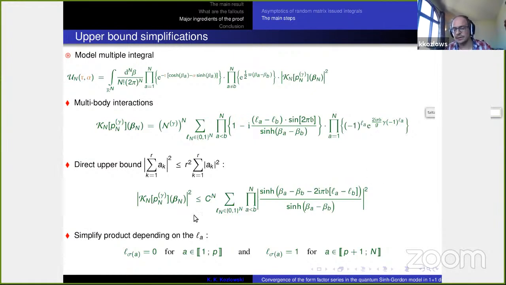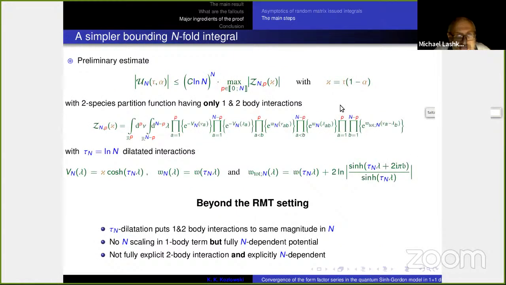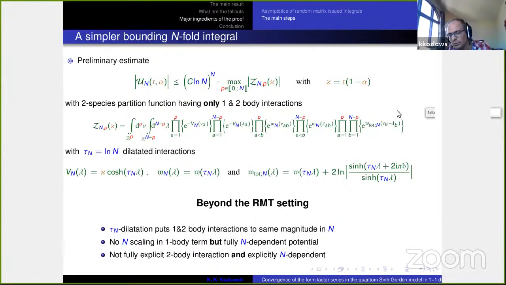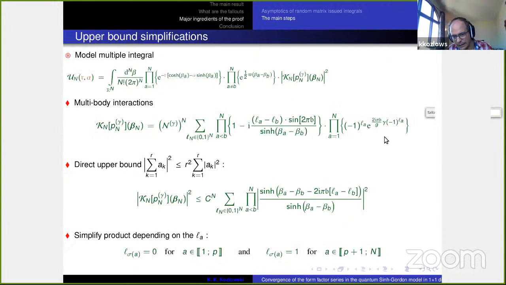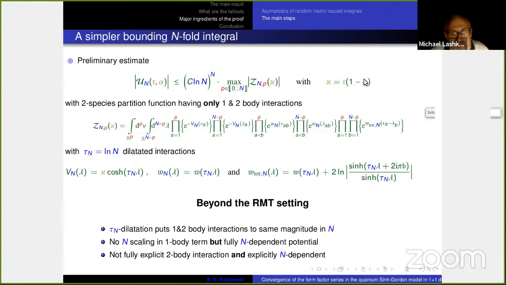And this is the origin of this parameter p in this bound. And here you see really the two-body coupling, which stems from the non-triviality added by Kn. Okay, thank you.